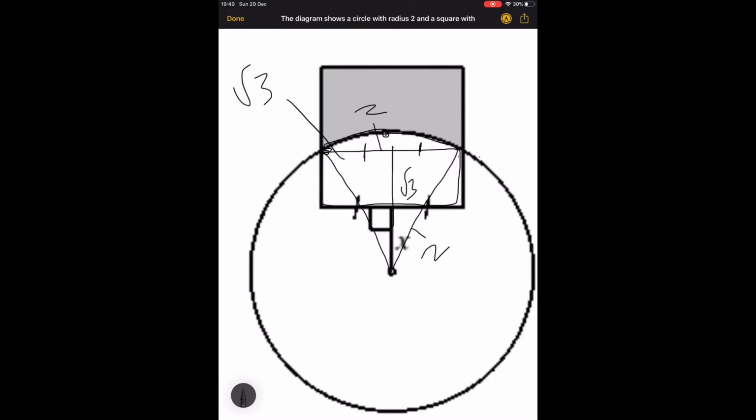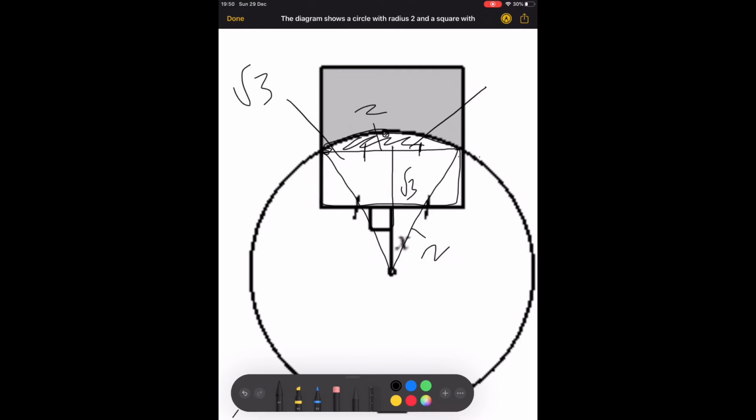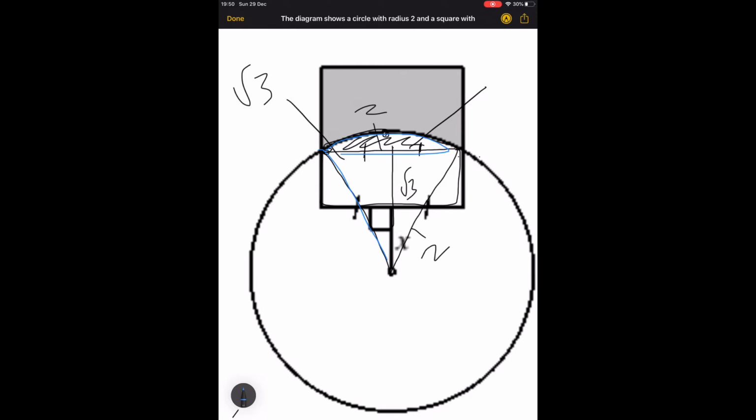And then you want to find the area of this chord here. So this chord is part of the sector of the triangle, which is 60 degrees over 360 of the circle.